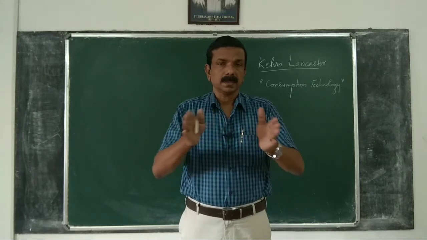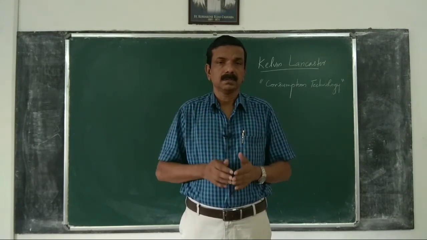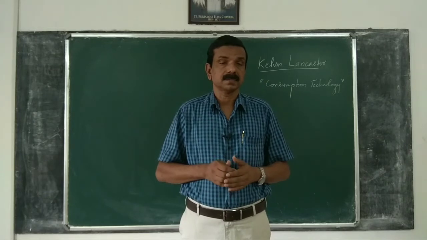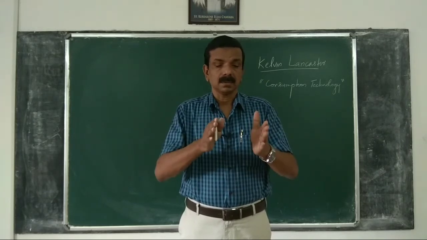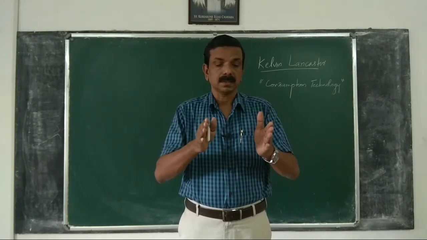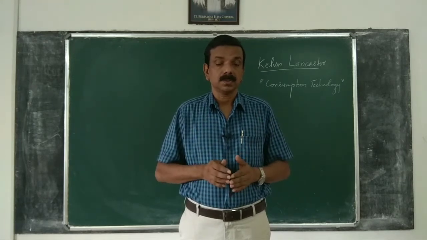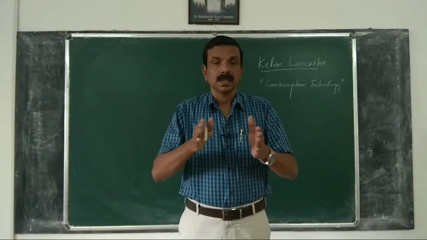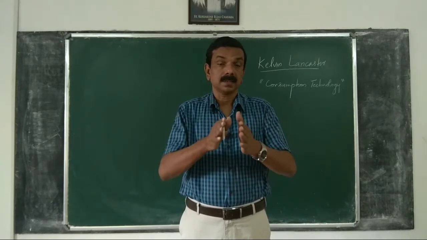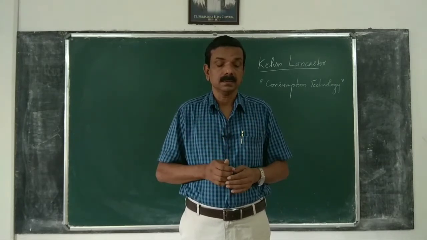So, a consumer demands a commodity because of its characteristics. And a commodity is nothing but something which represents a technology to produce these characteristics, and it is these characteristics which give rise to utility.